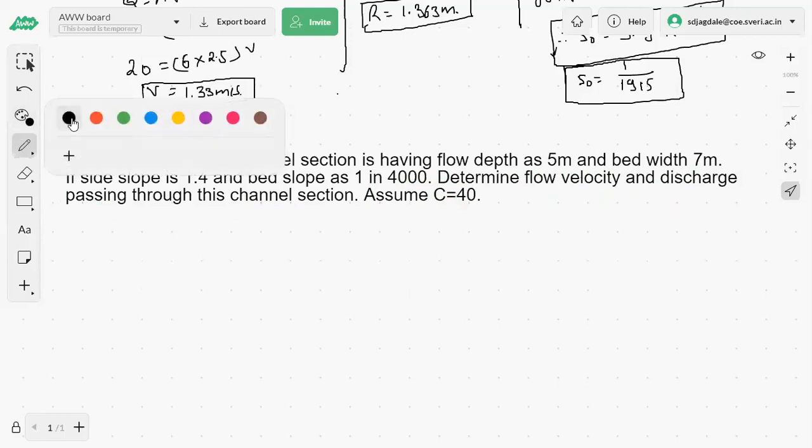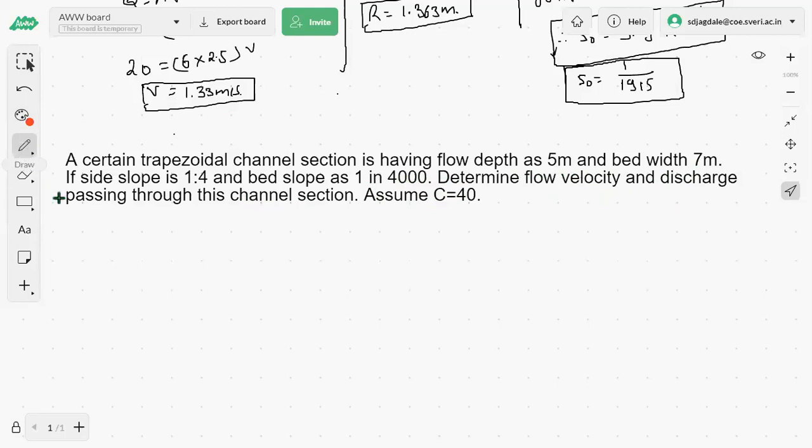Now, before going to the given data, I would like to first draw the channel section. Suppose that this is the ground position. From here, this is one of the slanting edges. This as a base we will consider, and here the other slanting edge.